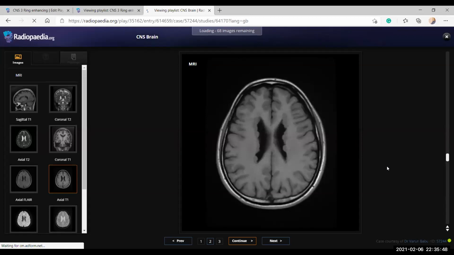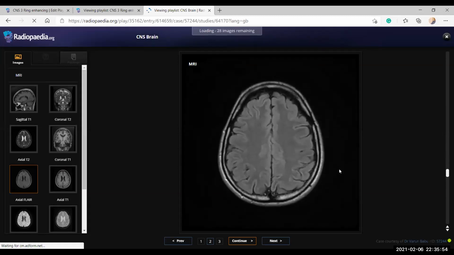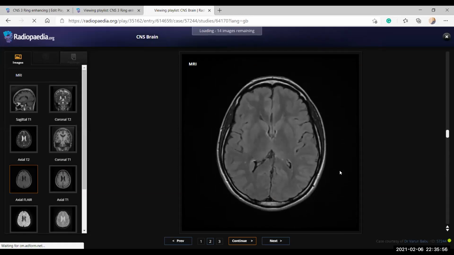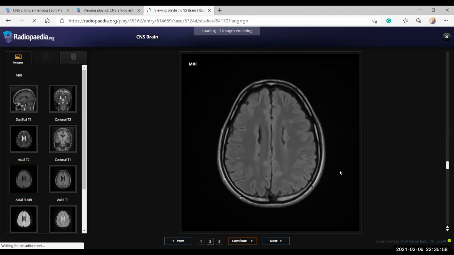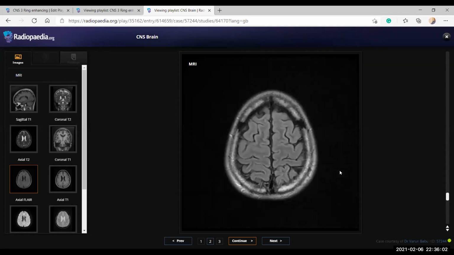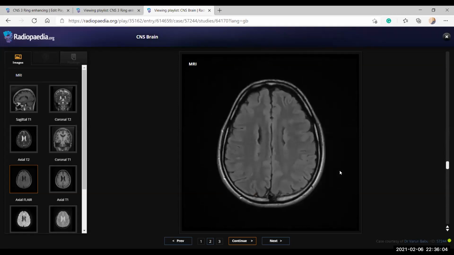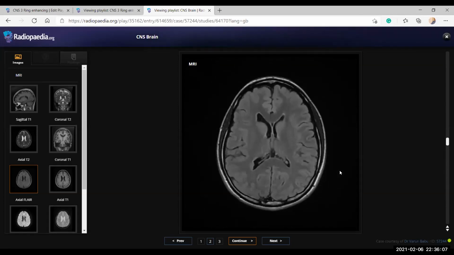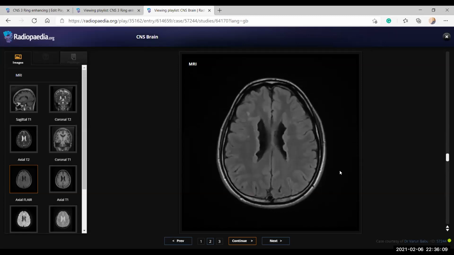What other sequence can I see, the FLAIR? Okay, almost in all sequences it is equal to the gray matter. So there are bilateral symmetrical subependymal nodular signal abnormalities, most likely subependymal heterotopia.